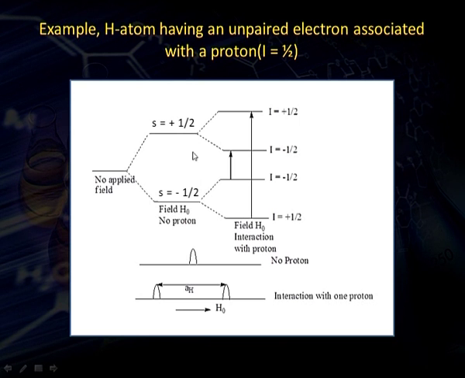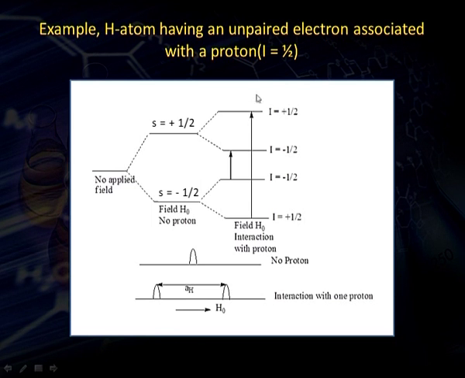But if we study the case of the hydrogen atom, it has one proton and one electron. This electron is going to interact with the proton because the proton also has a spin equal to half, which can again be plus half or minus half. So, these two levels will interact with the spin of the proton, the plus half spin and the minus half spin, and these two levels will further split into doublets.